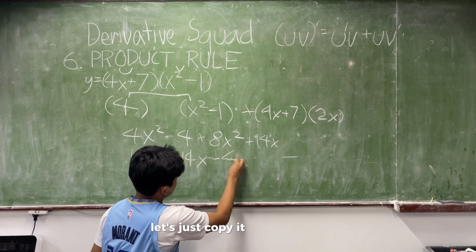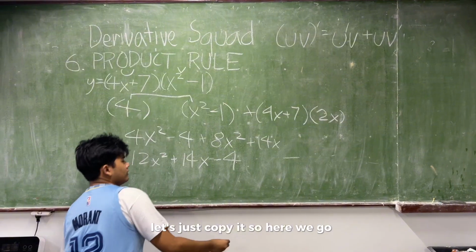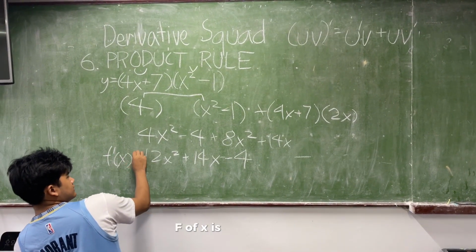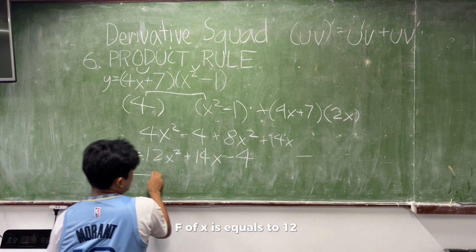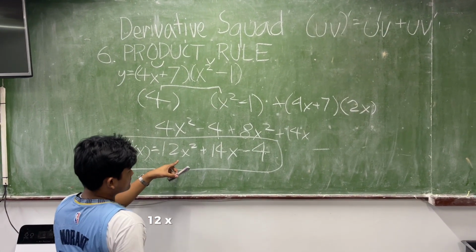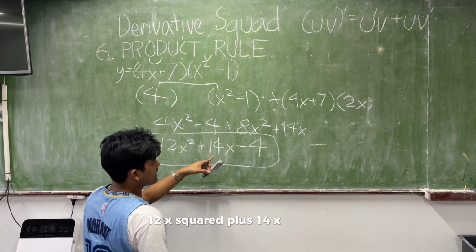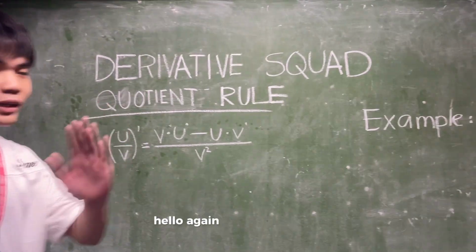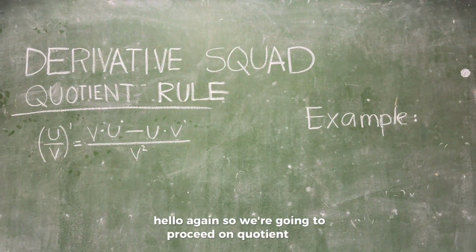So here we go: f of x is equal to 12x squared plus 14x minus 4. That's all.